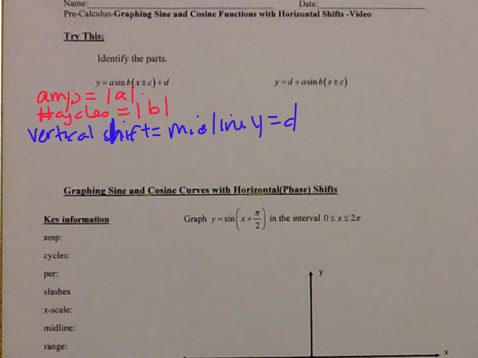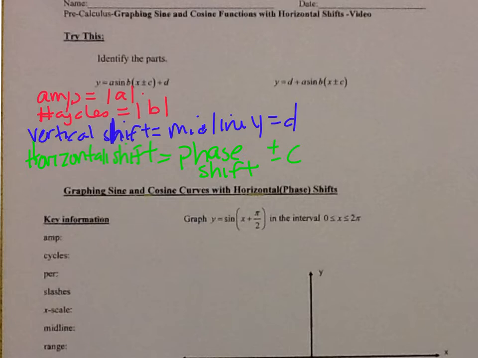Okay, so c is your horizontal. Your horizontal shift is called your phase shift. And that would be plus or minus c, whatever c is.